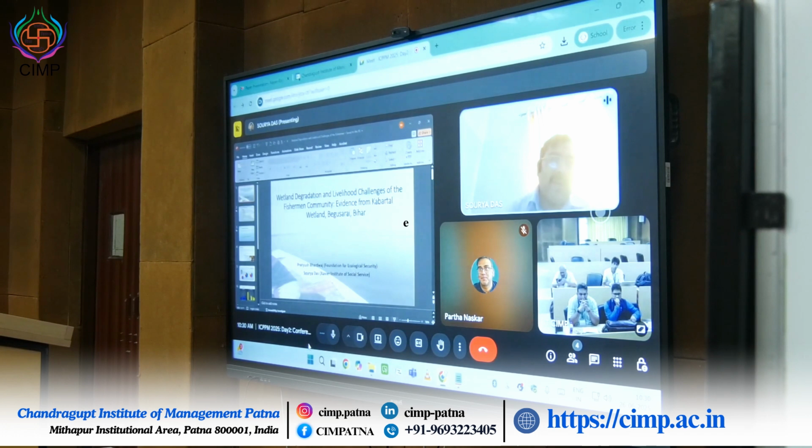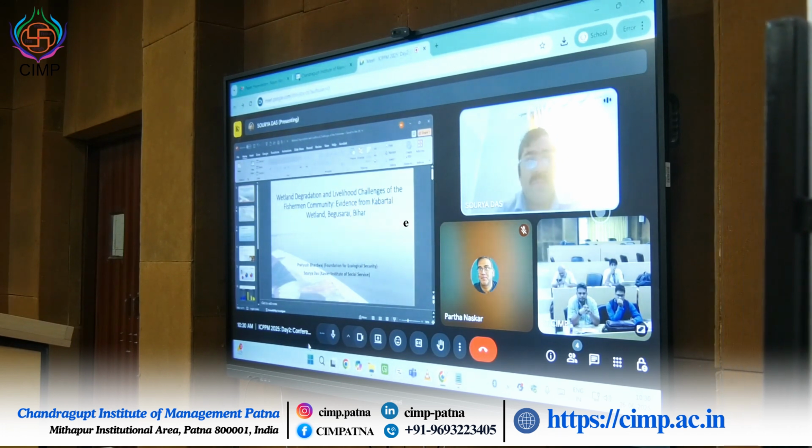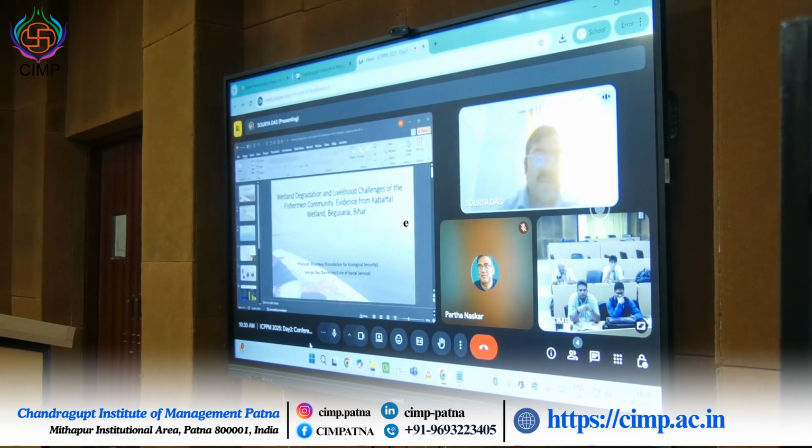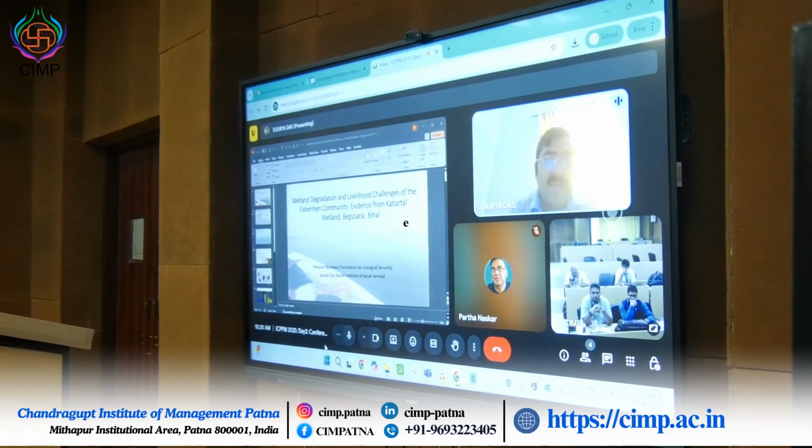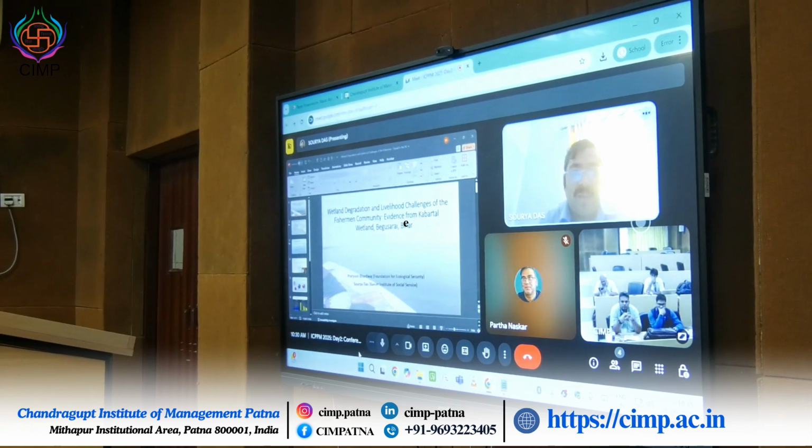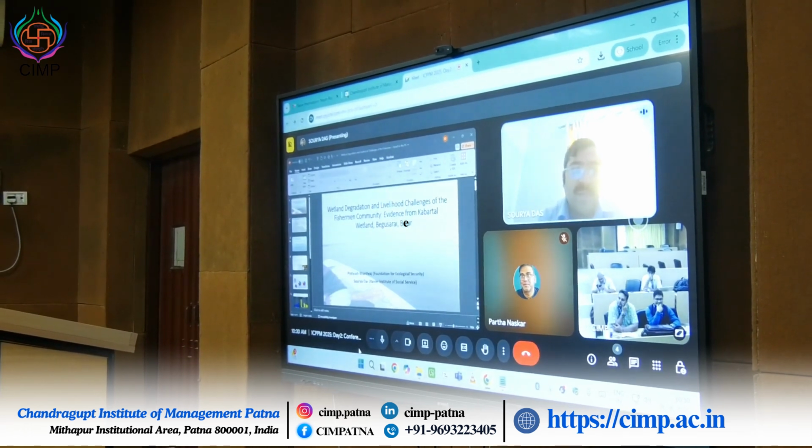Kabartal wetland is the biggest oxbow lake in Asia, and it is important for harboring diverse biodiversity. It is also important for multiple livelihood purposes like fishing, irrigation, collection of fodder, and different types of products. In 1989 it was declared a wildlife sanctuary, and in 2020 it was declared a Ramsar site.